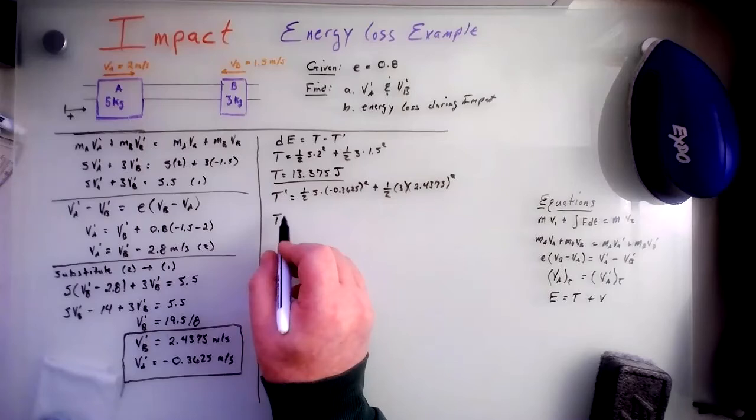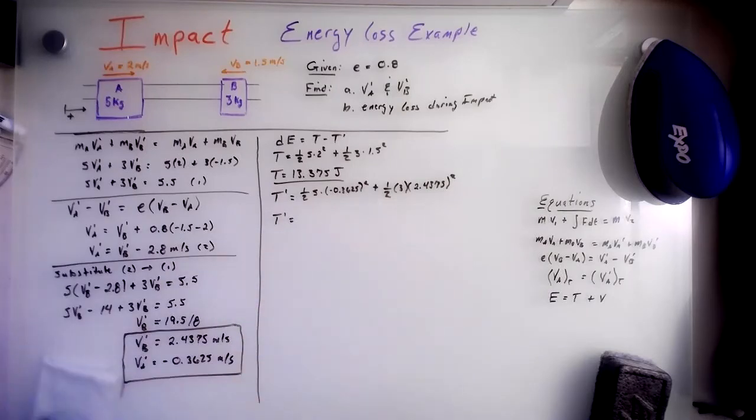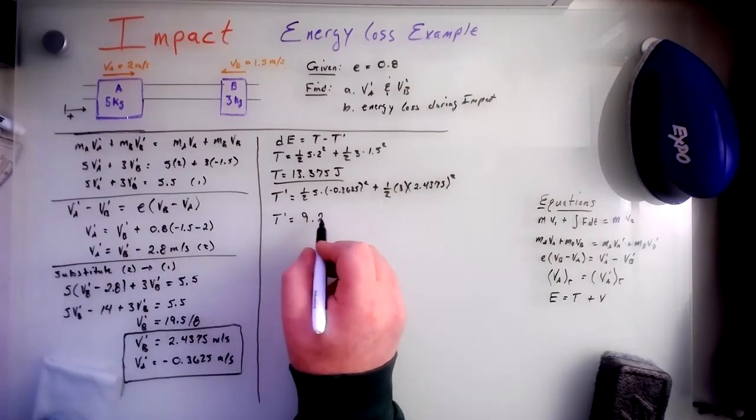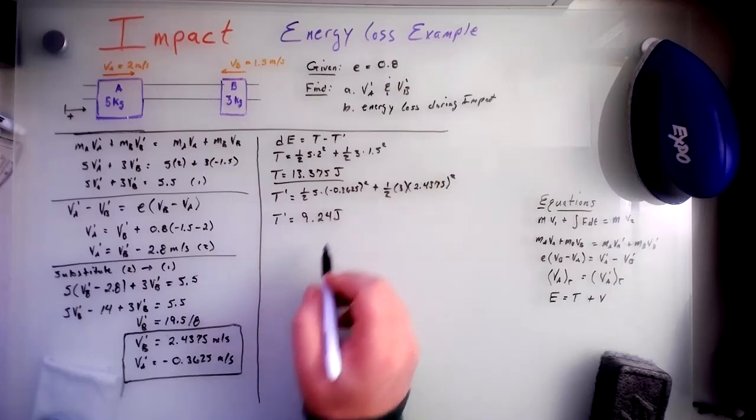So T prime is going to equal 9.24 joules.